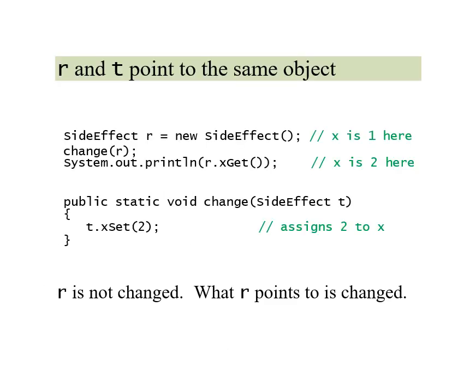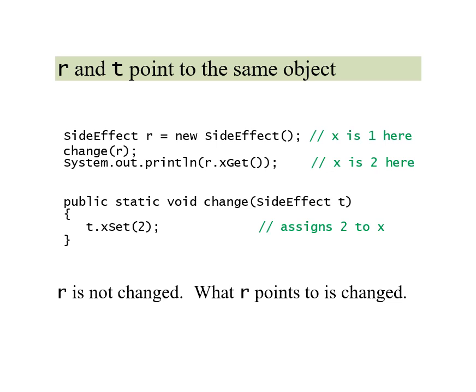All right, so this is just another way to explain what I've just been explaining. Here we're creating a new side effect object, and the pointer to it is assigned to R. Then we're passing R, and then we're calling xget.